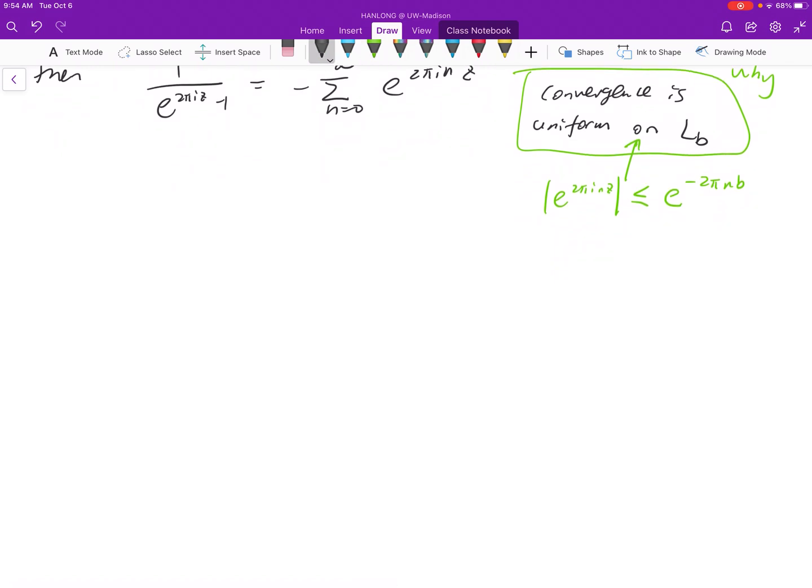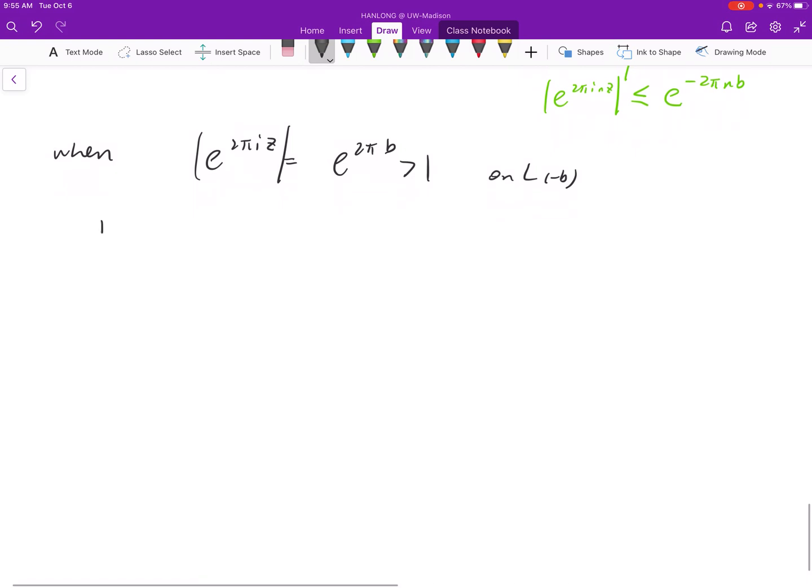Okay, then similarly when we are on L_{-B}, the norm is greater than 1 on L_{-B}.